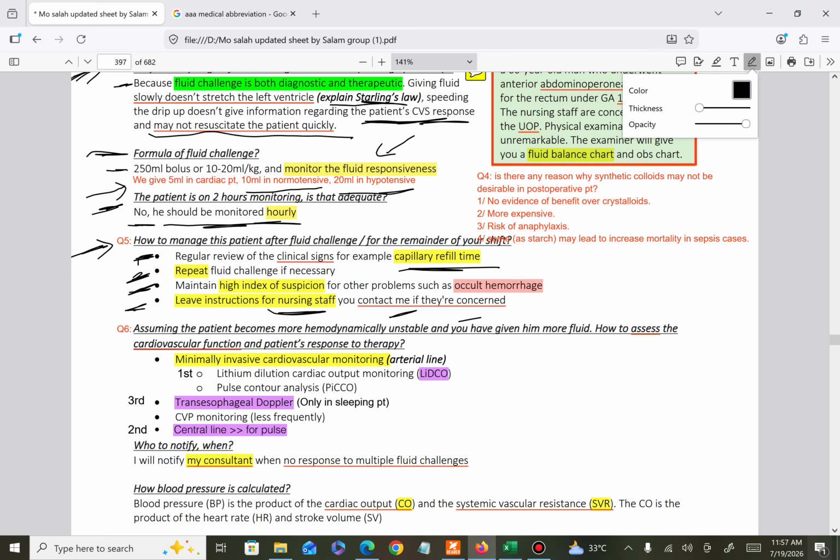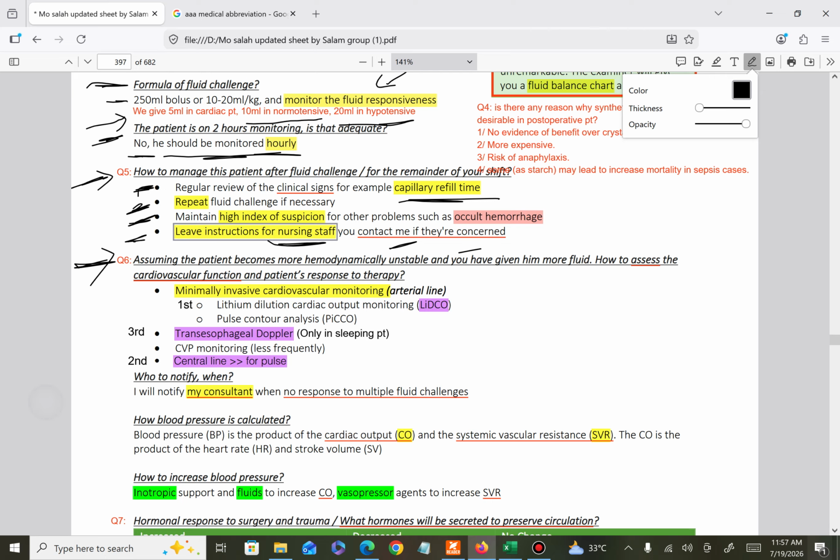Then, assuming the patient becomes more hemodynamically unstable and you have given even more fluid, how do you assess the cardiovascular function and the patient's response to therapy?